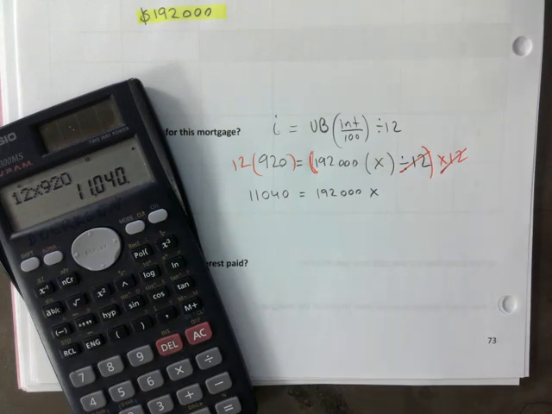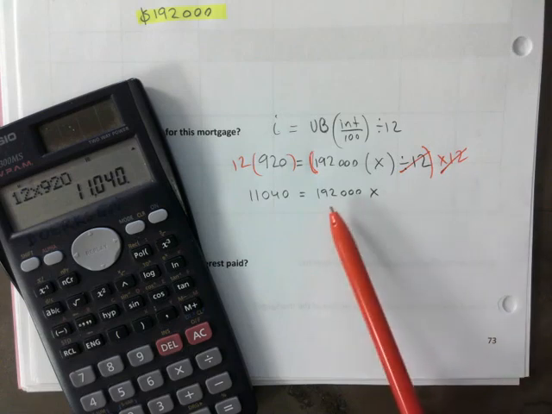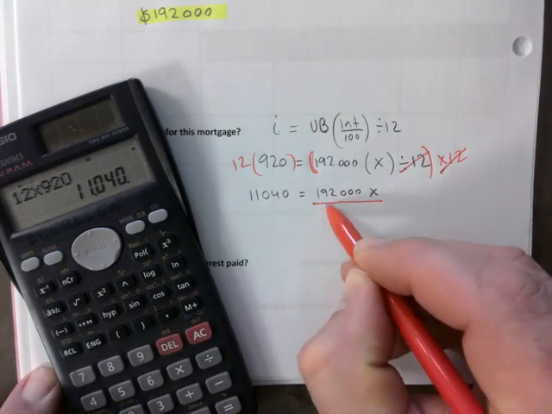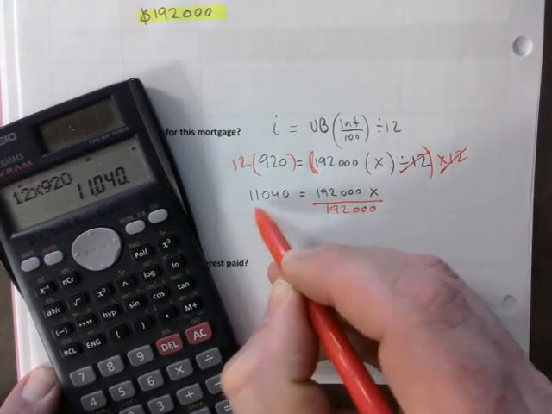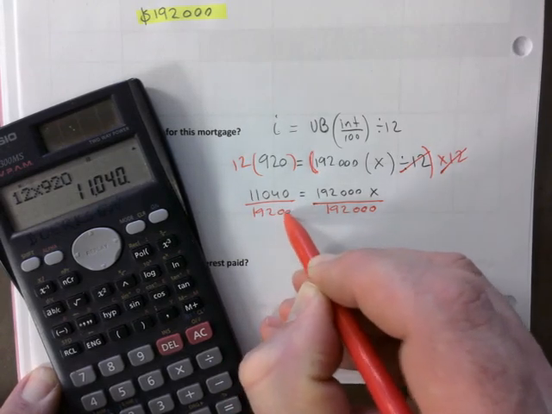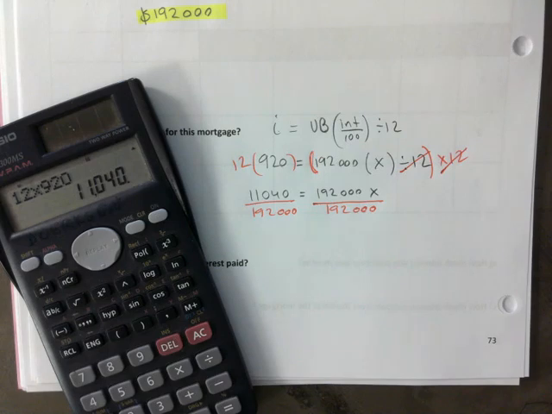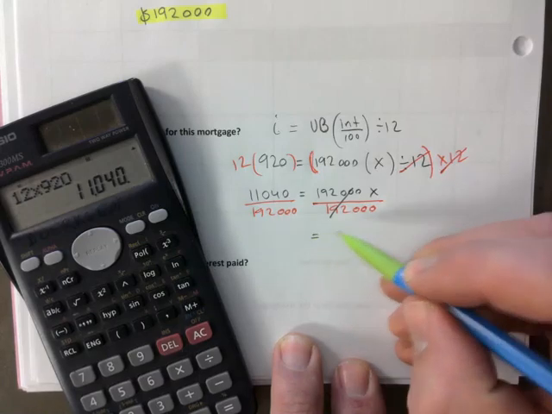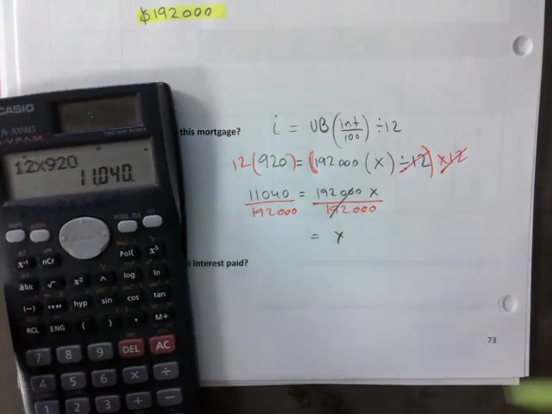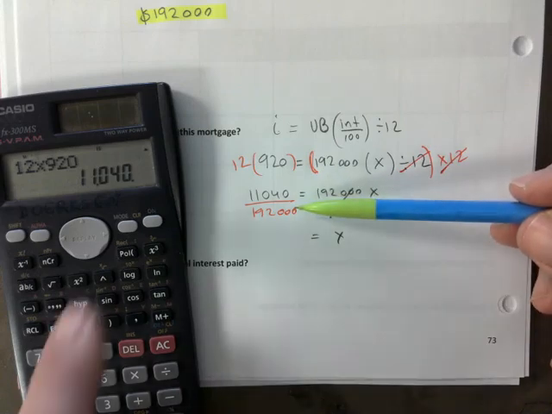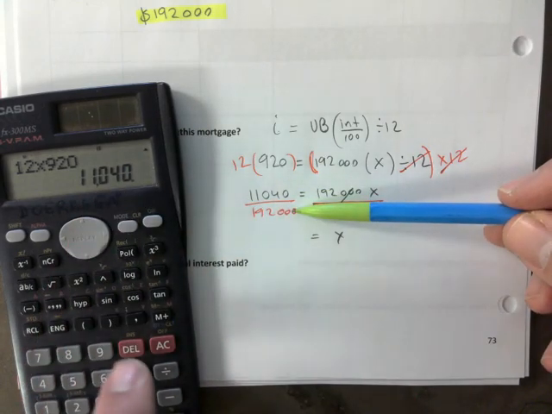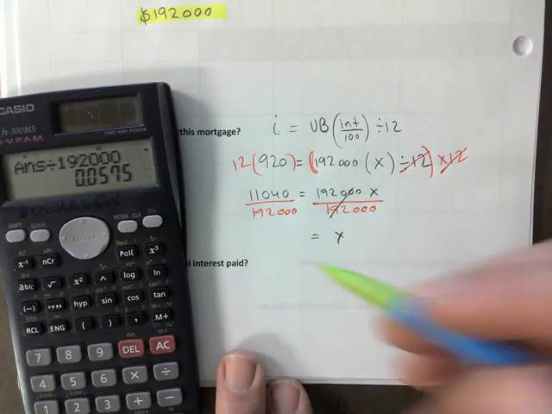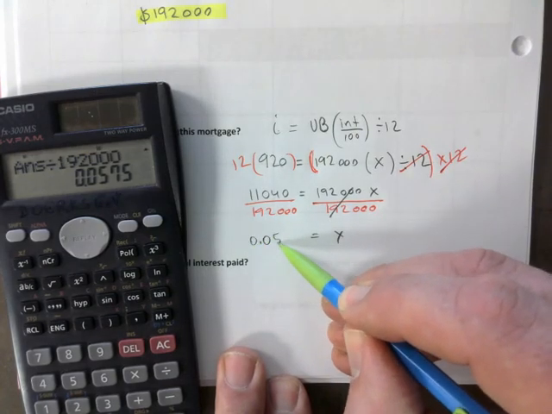And what are you going to do now? Divide by 192,000, because that's in front of X. Whatever you do to one side, you've got to do to the other side. This goes back to the early years. So on the left side, whatever you had there, you divide by 192,000, and there it is: 0.0575.